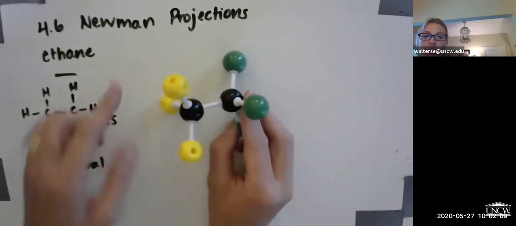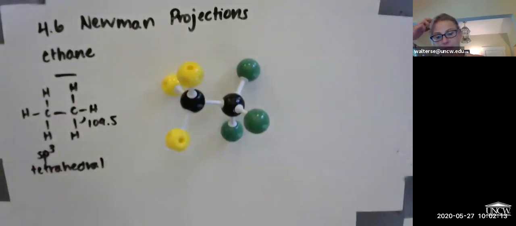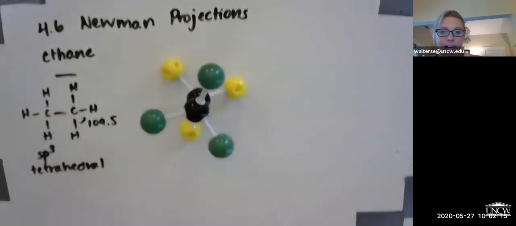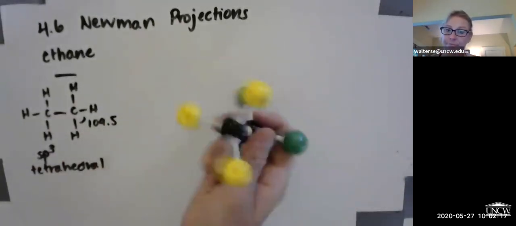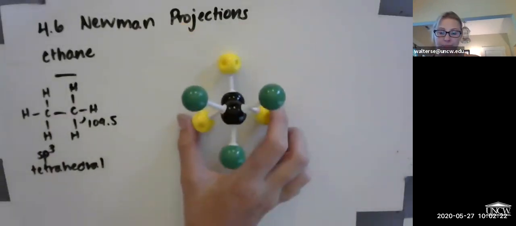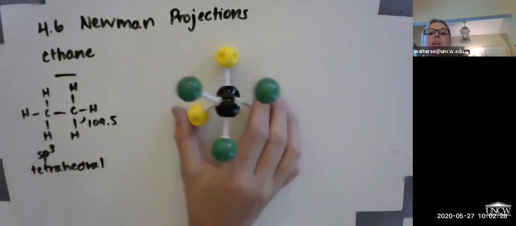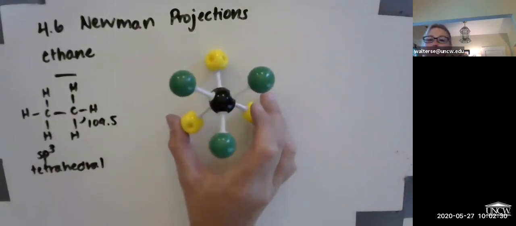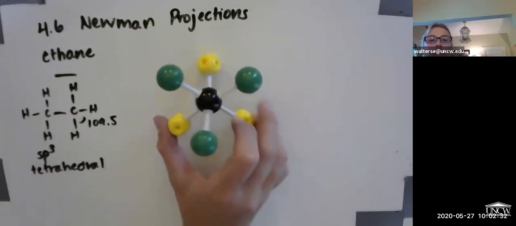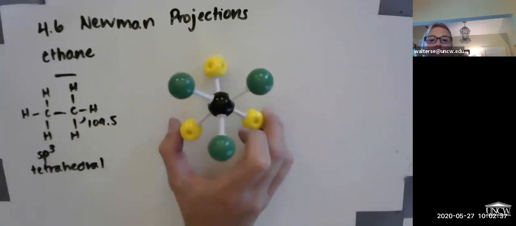Now, to draw a Newman projection, what we're going to have to do is take this molecule and rotate it so that it's sitting on the 3 hydrogen atoms. And my camera's not quite perfect, so I'm going to tilt my molecule up so that the carbons overlap one another.